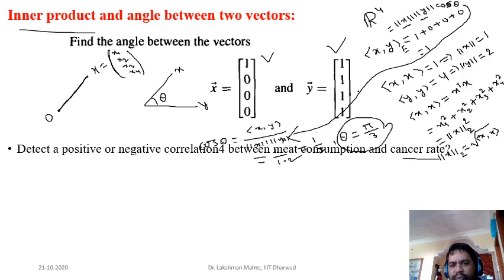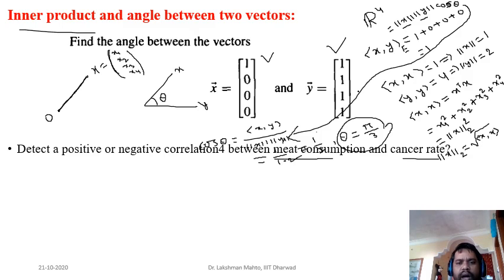So we try to find the correlation between cancer rate and meat consumption. So what is the correlation between these two? This correlation we can always find with the help of inner product. Sometimes it would be negative, sometimes positive. Negative means our inner product was negative, and positive means our inner product was positive. So just find the inner product.